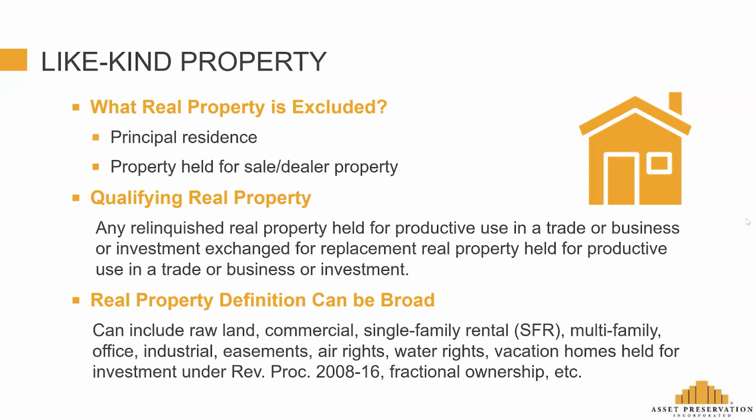Now, you cannot do an exchange out of the U.S. into another country, and you cannot exchange out of another country into the U.S. You can do something which is a foreign for foreign exchange. So I can exchange a condo held for investment in Mexico for another property in Mexico. So foreign for foreign is all that works in that regard. Otherwise, it's just got to be within the United States.